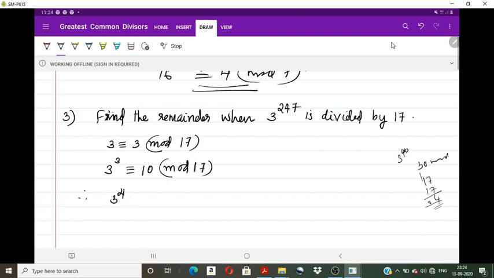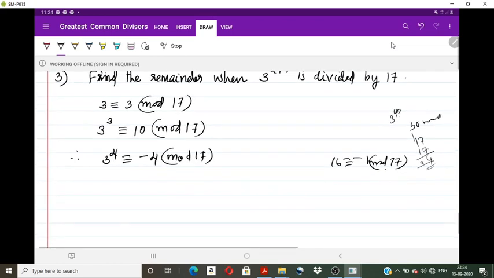So 3 raised to 4 is congruent to 10 into 3, that is 30. Actually 34 is a multiple of 17, so it is congruent to minus 4 modulo 17. So 3 raised to 4 is congruent to minus 4, and we know 4 into 4 is 16, and 16 is congruent to minus 1 modulo 17. So we can use that result.